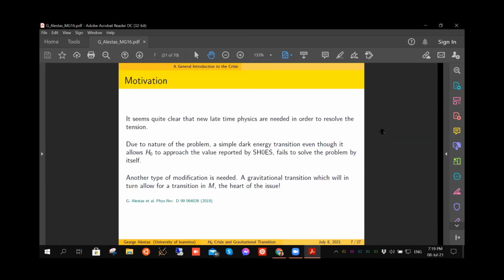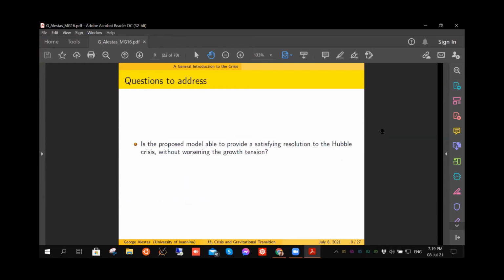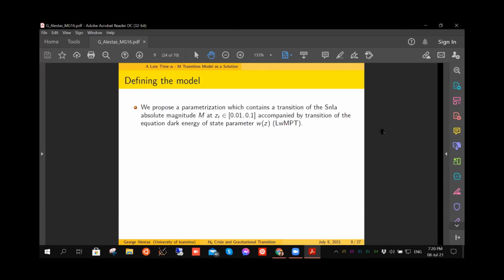Therefore, another type of modification is needed, a gravitational transition, which will in turn allow for a transition in M, which, as we said, lies at the heart of the issue. We will aim to address two questions. The first is whether this proposed model is able to provide a satisfying resolution to the Hubble crisis without worsening the growth tension, and whether there is any observational evidence for such a parameterization.